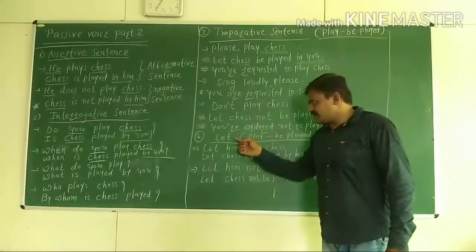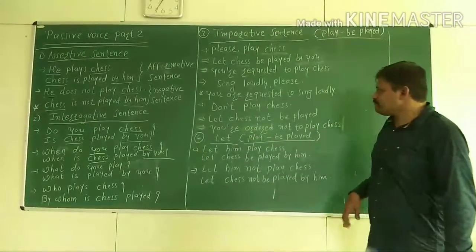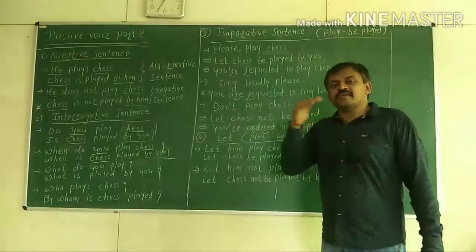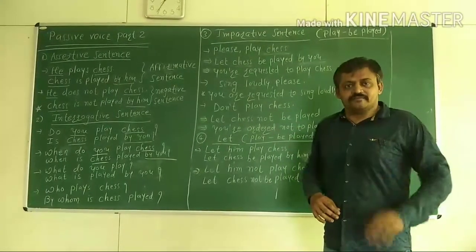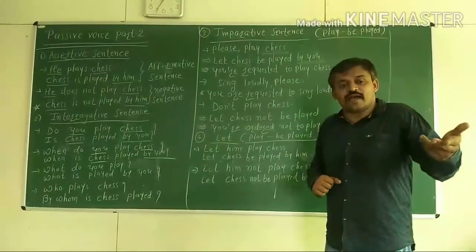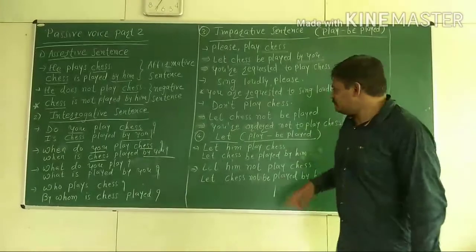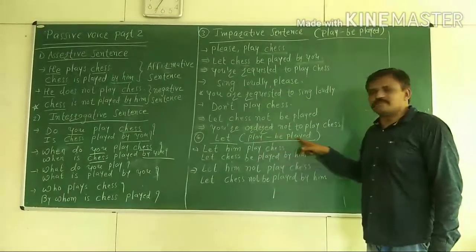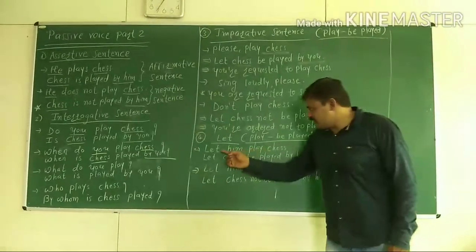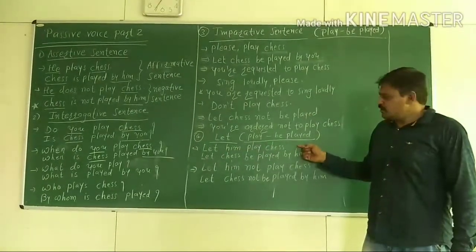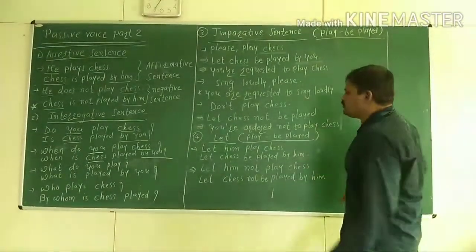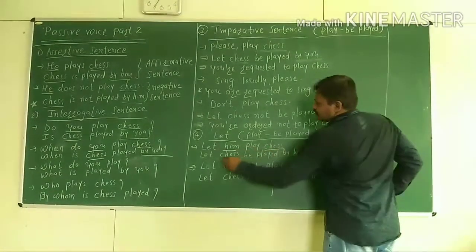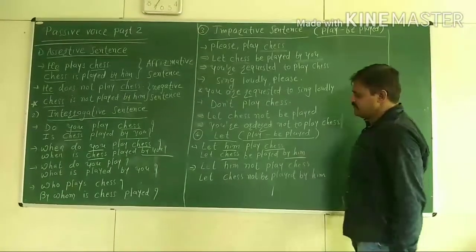Now the fourth type of sentence is let. If the sentence is imperative, we can start with let. But if the sentence starts with let, how can we make the passive? Here is an example. The verb play becomes be played. Now see, let him play chess. Then what do we have to do? We have to change the subject and object.